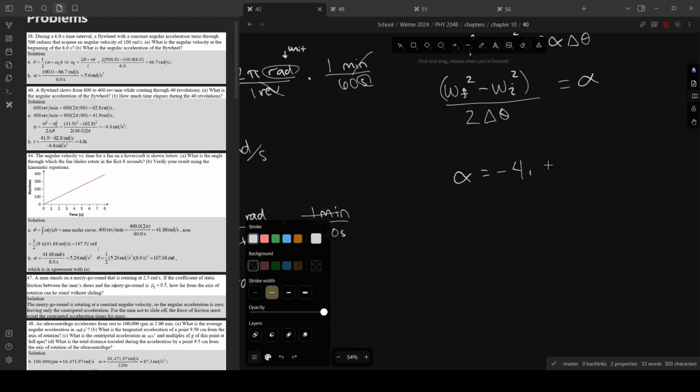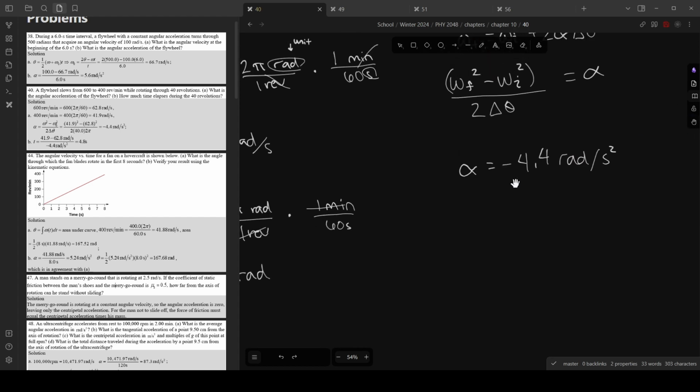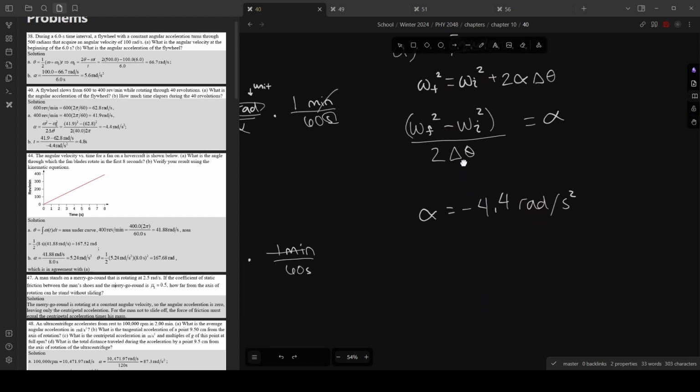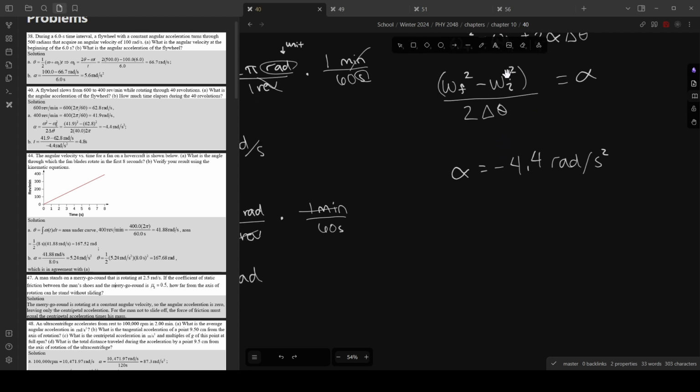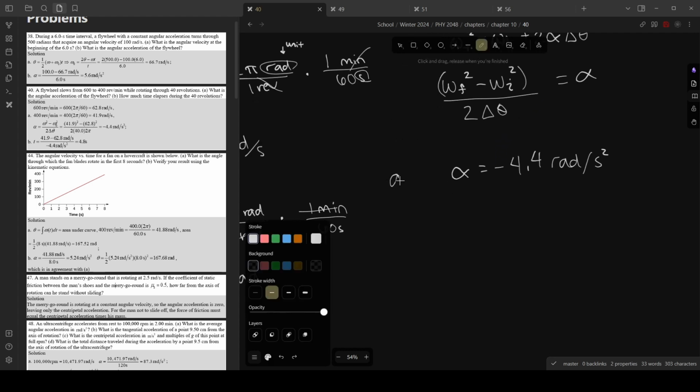So let's go ahead and write that. You can also check your work by checking their work, and we see that we did follow the correct steps, so that's good. And this is going to be radians per second squared. So this is our angular acceleration done for part A.